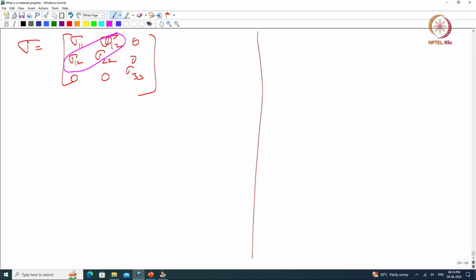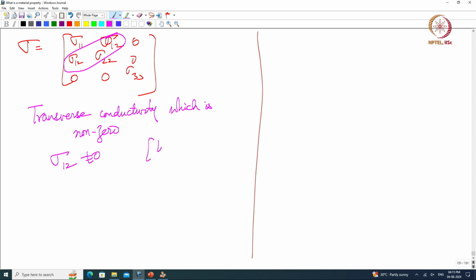So, I have some transverse conductivity here, which is non-zero, right. In Hall effect, I said we have to always look for those less symmetric materials that could have sigma 1 2, which is non-zero. This is like the Hall conduction.